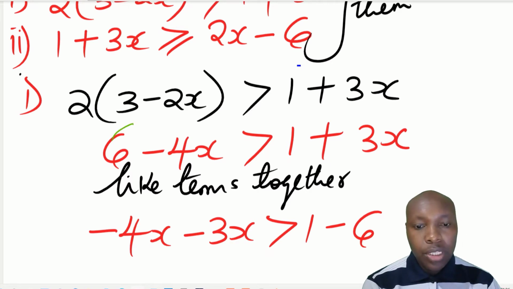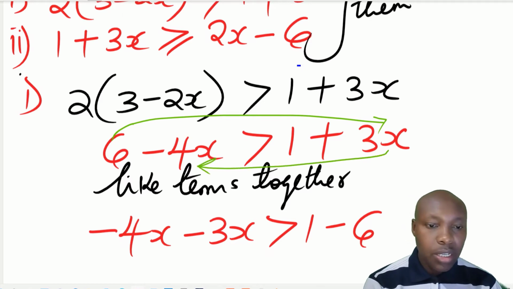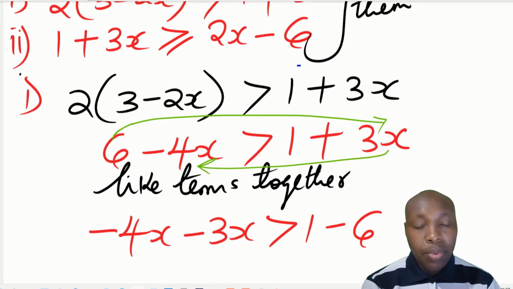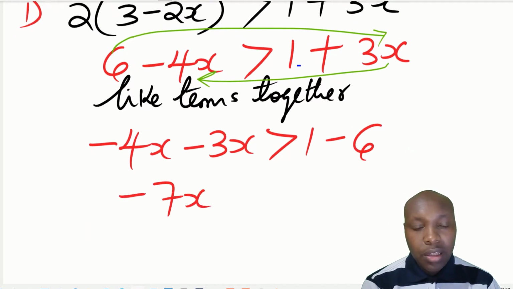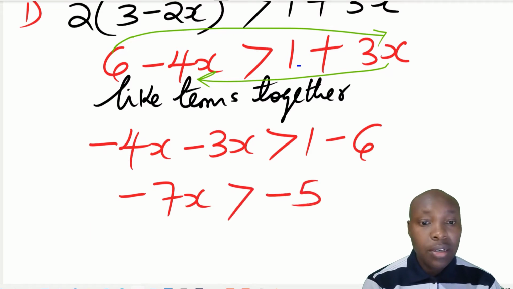So we have brought the like terms together. Now negative 4x minus 3x gives negative 7x is greater than 1 minus 6, which is negative 5.